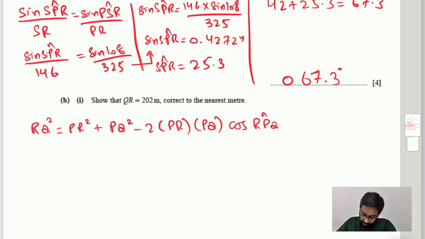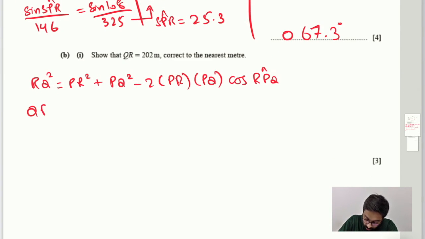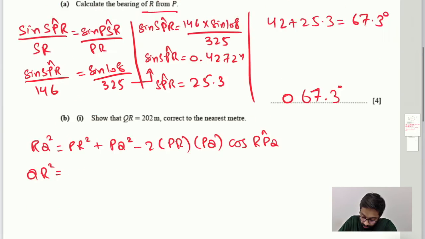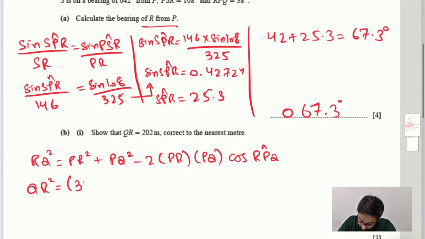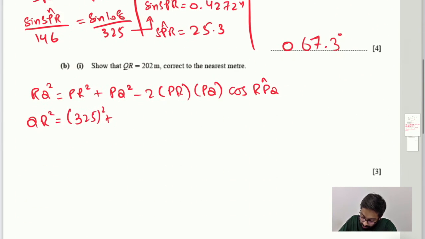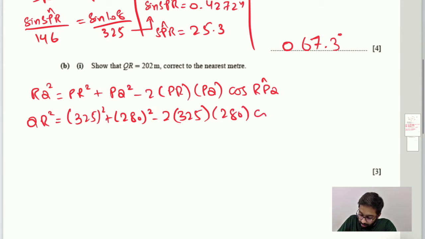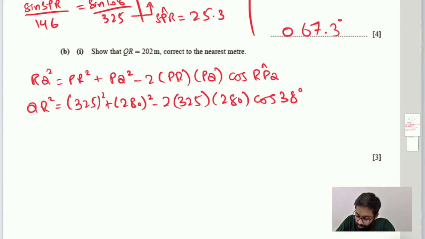Now let's plug in these values. Since QR or RQ is what we are looking for, let's write 325 squared over here. 325 squared plus PQ is 280. So you write 280 squared over here minus 2 times 325 times 280 times cos 38 degrees.